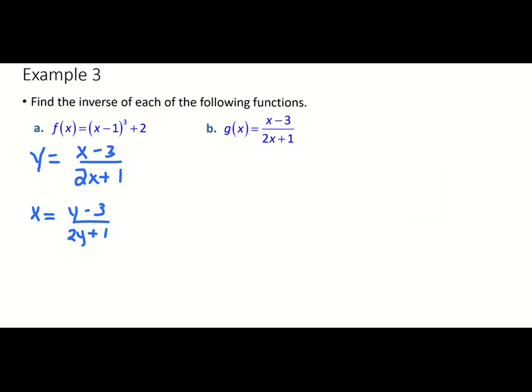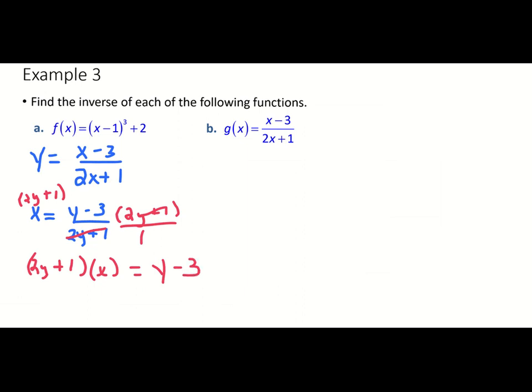So to get rid of it, I'm going to multiply both sides by 2y plus 1, my common denominator. So that is going to give me 2y plus 1 times x is equal to, and then over here on this side, remember they cancel out, so it's equal to y minus 3.